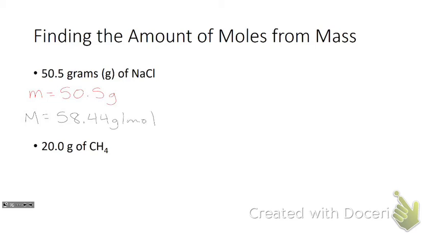Okay, now we have little m, we have big M, and we're looking for n, which is convenient. We don't even have to manipulate anything. So as per our formula, number of moles is equal to mass of sample divided by the molar mass.